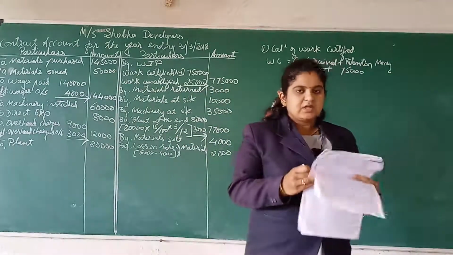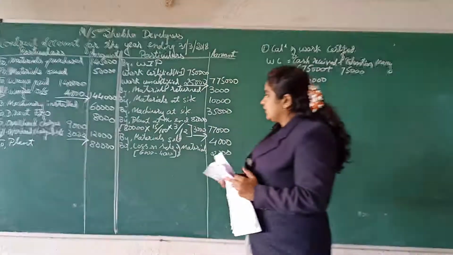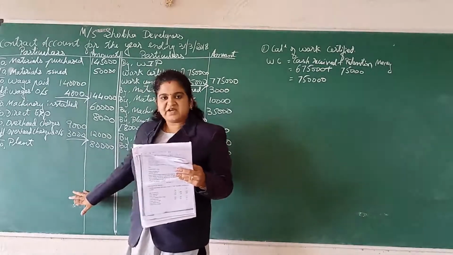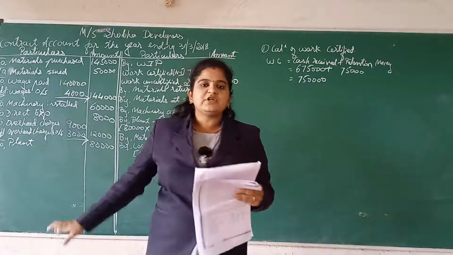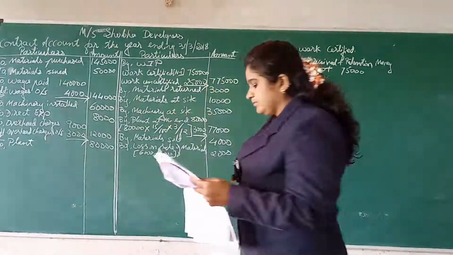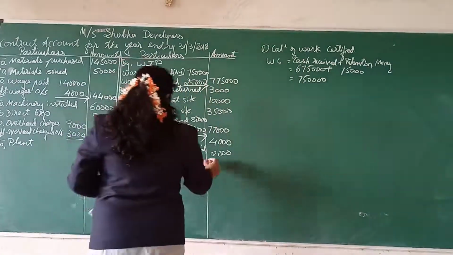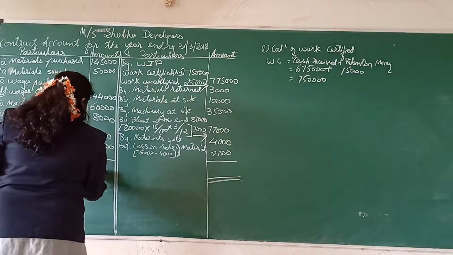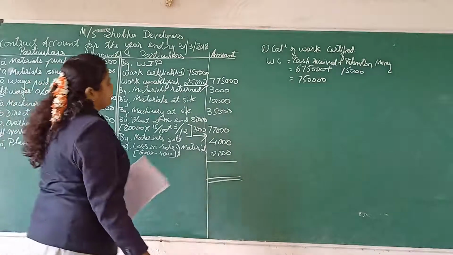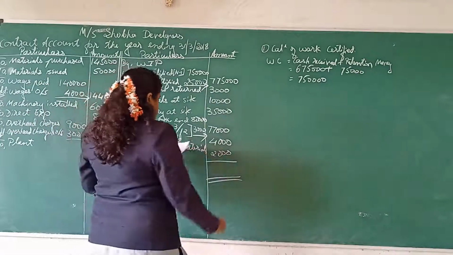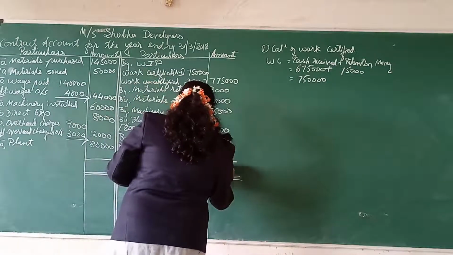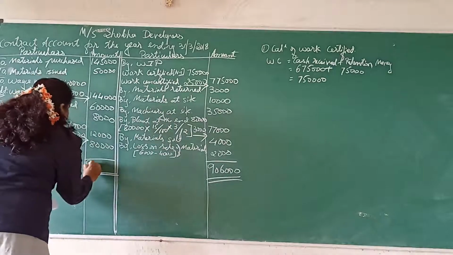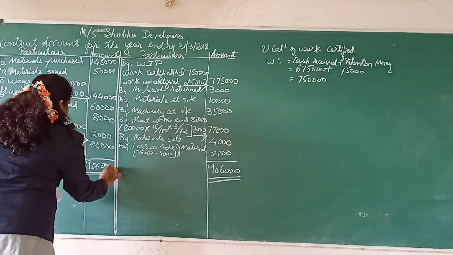Okay. Now we have taken all the items. Now we are going to close it. Okay, and find out whether there is notional profit or notional loss. Close this. Make total of credit side. Total of credit side is 9 lakhs 6,000. The credit side total is more.